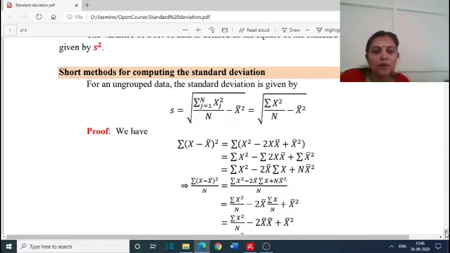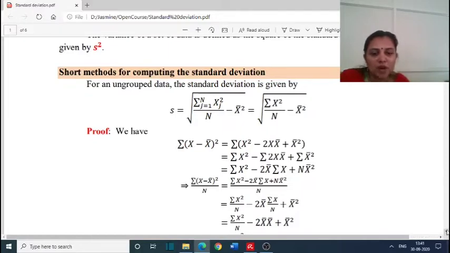Taking sigma inside to everything, sigma x square minus 2x bar sigma x plus sigma x bar whole square. We could write, every time we are adding x bar, so it is n x bar square.